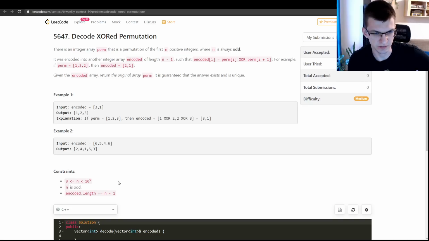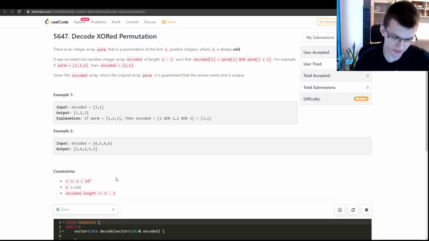N square is easy. I can gather all prefix XORs, and I will know I need some number X. Then it will be XORed by a bunch of stuff. Right.